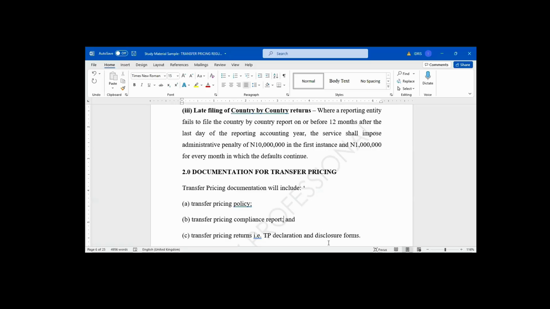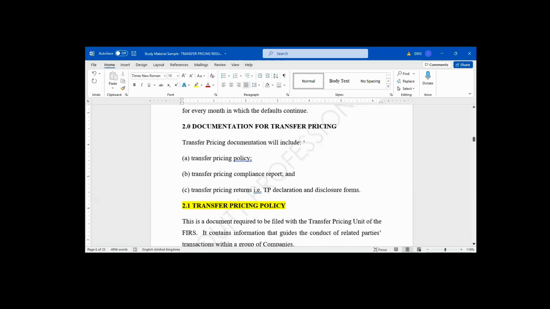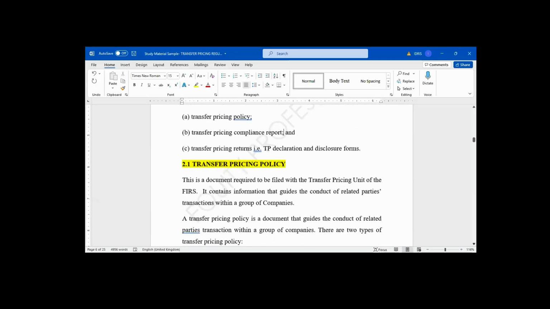First, transfer pricing policy. Second, transfer pricing compliance report. Third, transfer pricing return. This transfer pricing return is also called the transfer pricing declaration and disclosure form.